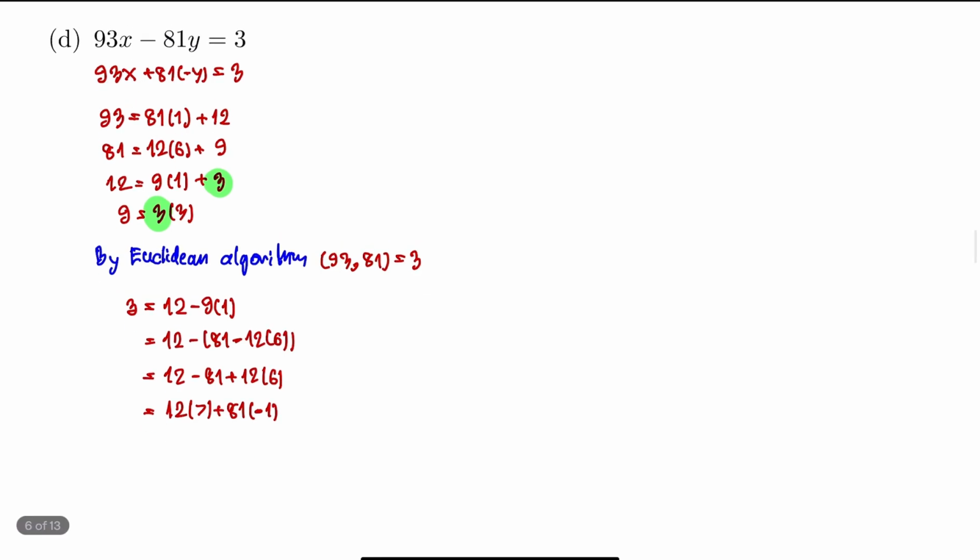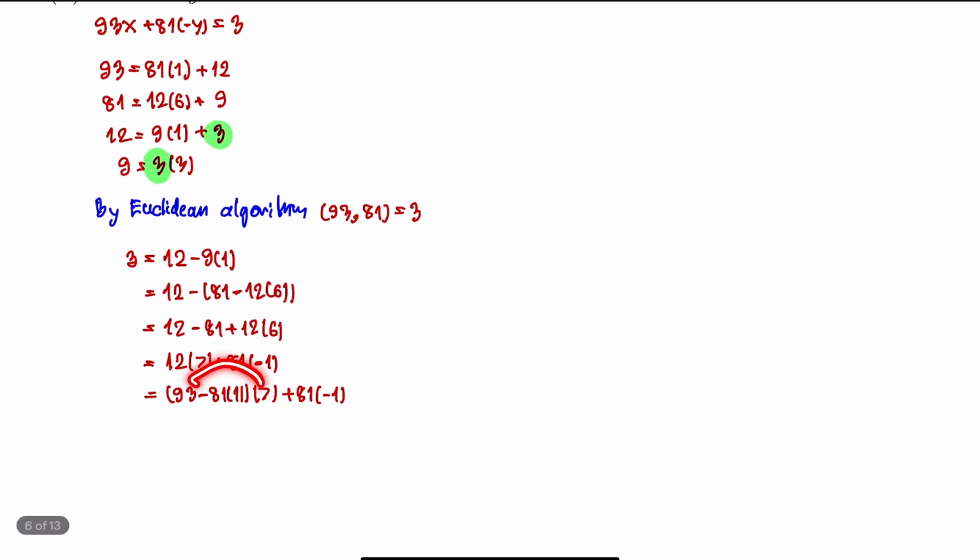Then what do we have to do next? We have to rewrite 12 in terms of 93 and 81, so that we can obtain 93 and 81 in this equation. So we have 93 minus 81 times 1, and this should be multiplied by 7, plus 81 times minus 1.